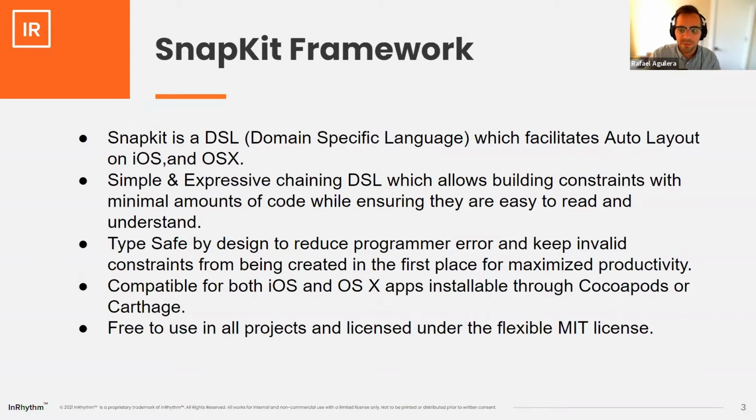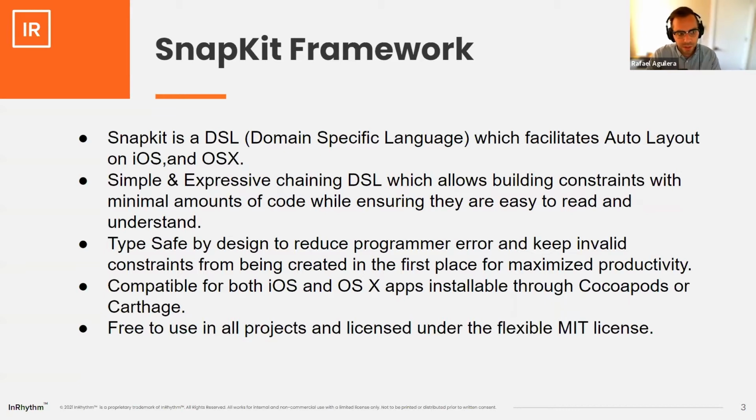So what it does is it facilitates auto layout on iOS and OS X. It's simple, expressive. You can chain stuff together, and it helps you build constraints in a way that is very, very easy to read.